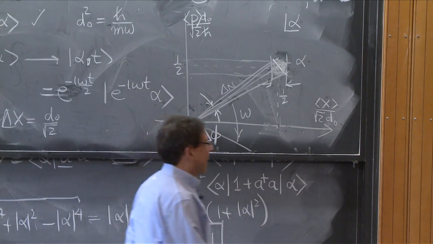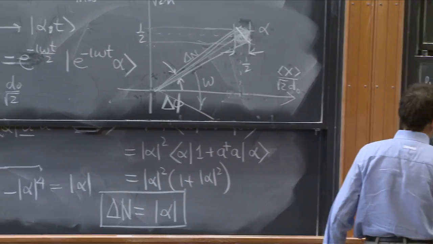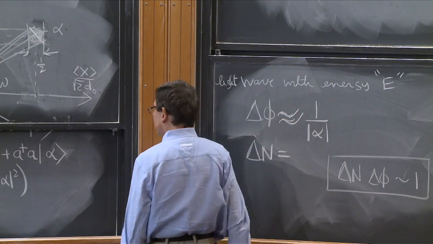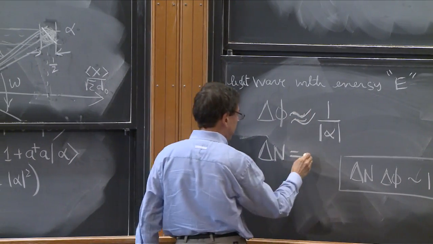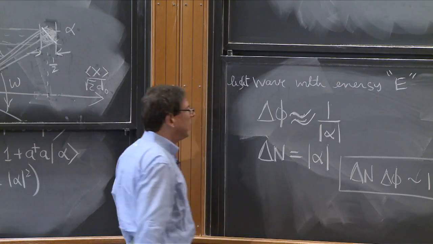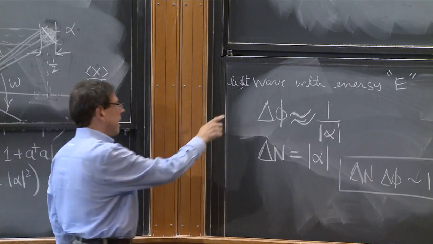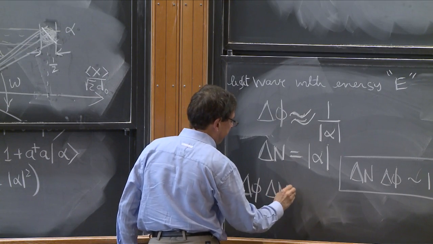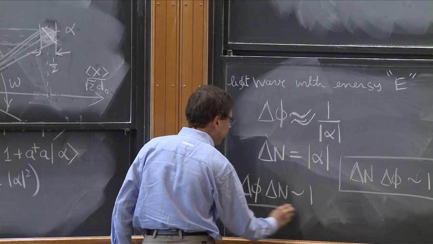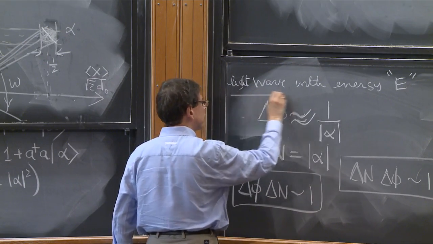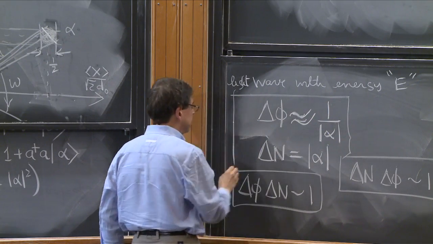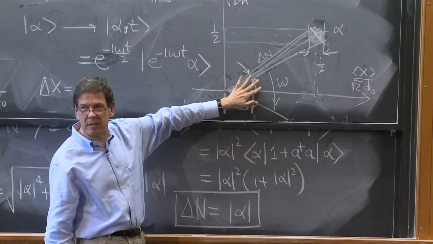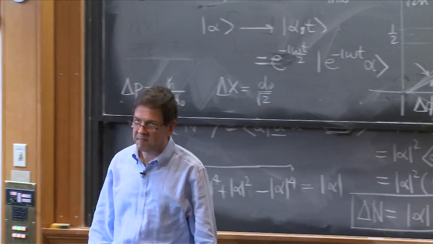But delta n we calculated, and it's exactly alpha. So delta phi delta n is about 1 correctly. And here there is at least a picture of what the phase uncertainty is and why it originates.